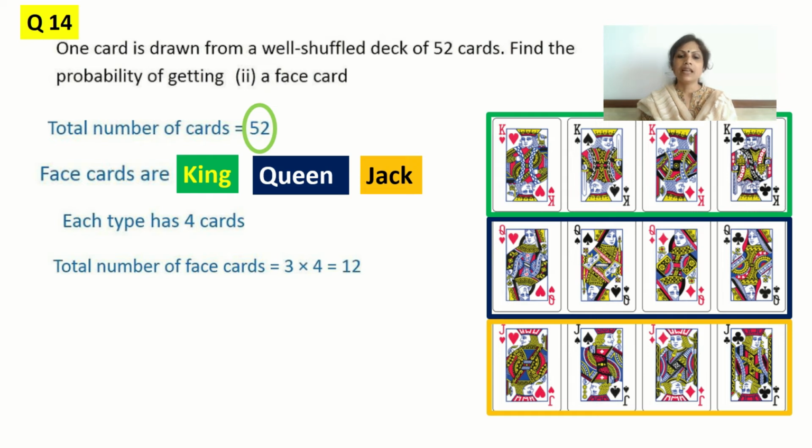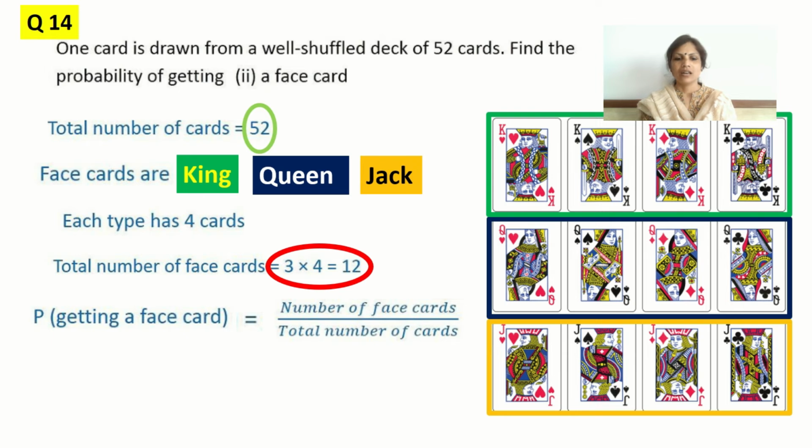Alright. Then find the probability of getting a face card. So the probability of getting a face card is equal to the number of face cards upon the total number of cards. Now we have the number of face cards as 12, total number of cards as 52. So 12 upon 52, we can reduce it to lower terms and the answer is 3 upon 13.